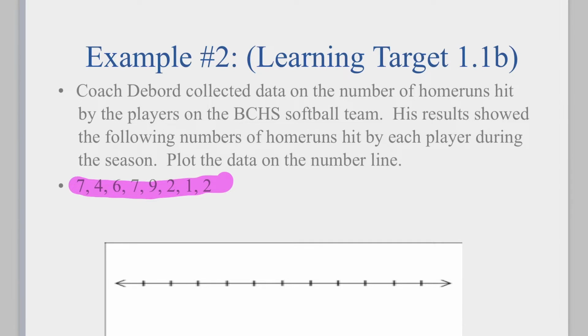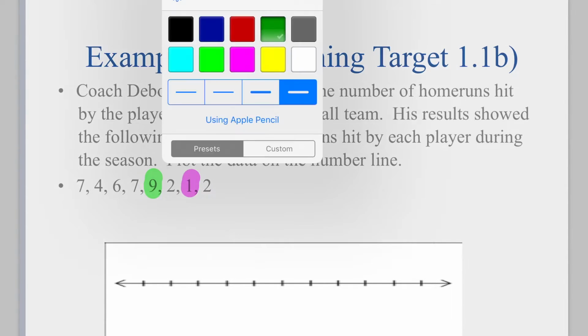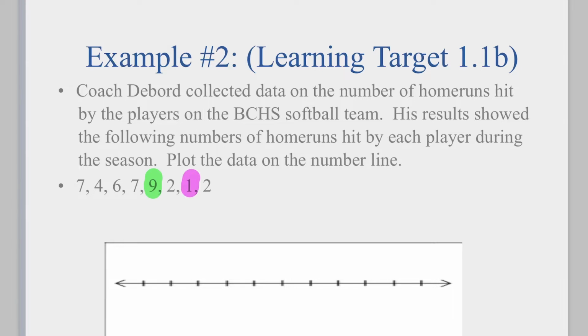Now, what I tend to do is look at the smallest number because I've got to label this number line. So I look at the smallest and the largest number given in the data set. My smallest number is a 1 and my largest number is a 9. So on my number line, I need to be able to have a smallest value of 1. And again, moving to the left, the numbers get smaller, and moving to the right, the numbers get larger.